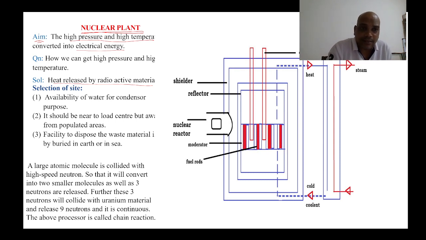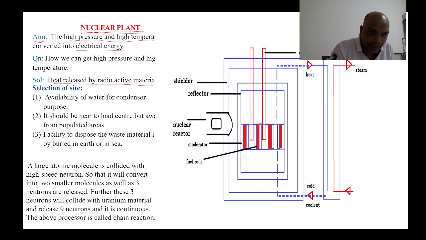So our target is to get electrical energy. What is the need? We need more amount of heat with high pressure. How will you create that heat and high pressure? By using radioactive material. By combustion of radioactive material you will get more amount of heat.